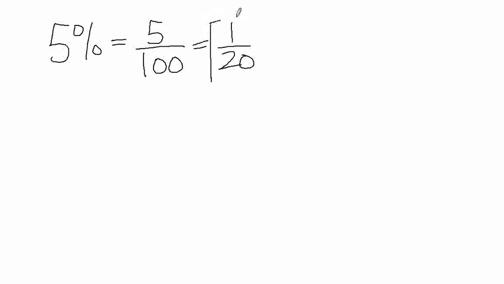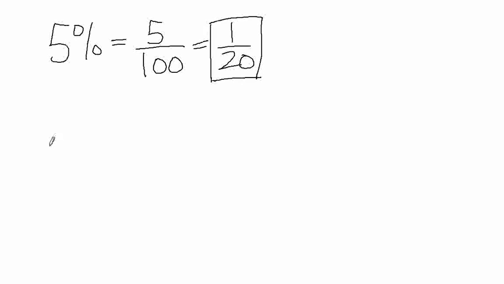Well, 5% is shorthand for 5 over 100, right? Now, you can reduce the fraction that you end up with if you like. So 5% is equal to 1 over 20.